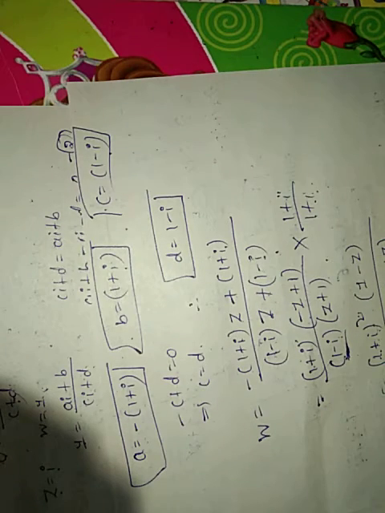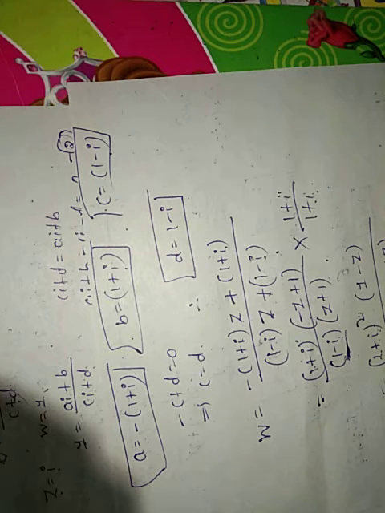Now we take out the A, B, C values. So we get A = -(1 + i), B = 1 + i, C = 1 - i. Here we have the equation -C + D = 0, that's why C = D. Therefore D = 1 - i.